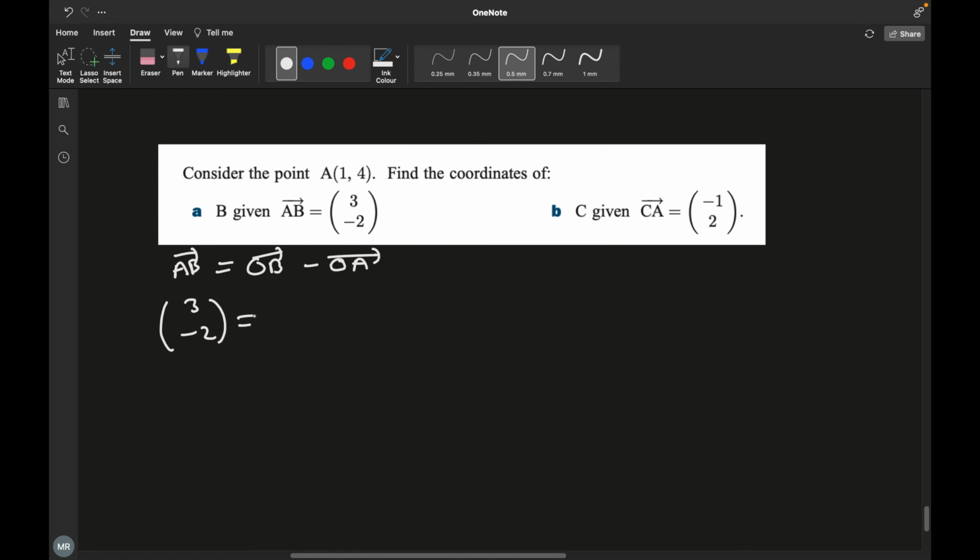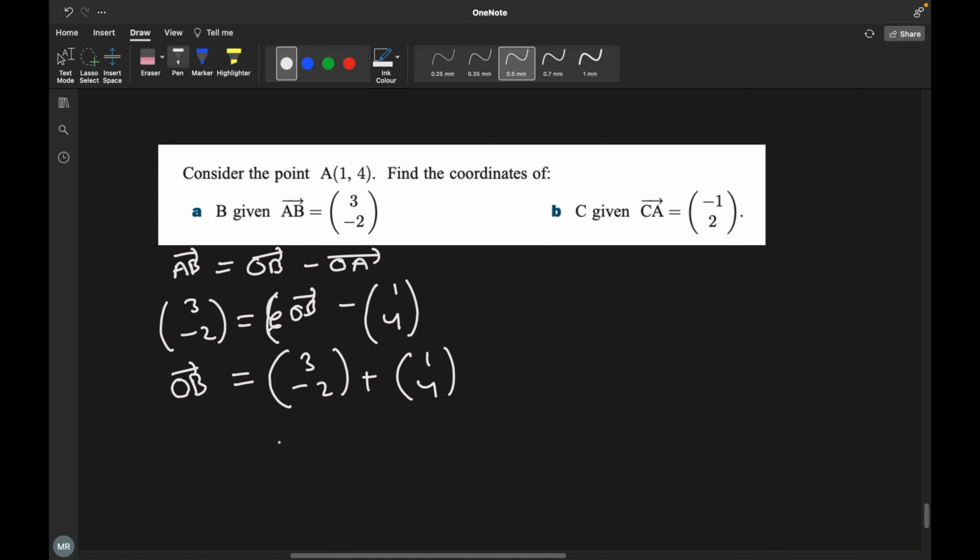We don't know the coordinates of B, so let this just be OB. OA is (1, 4). Let's take this to the other side. So we get OB is (3, -2) plus (1, 4). It's (3+1, -2+4), which is (4, 2). So this is 4i plus 2j.